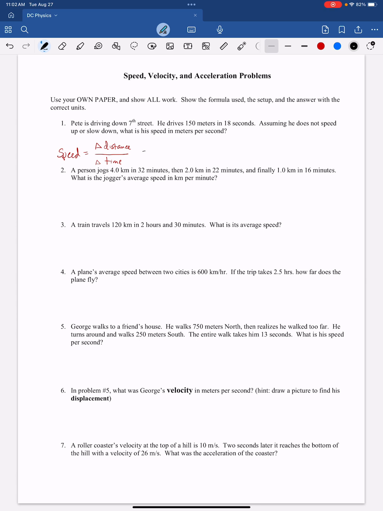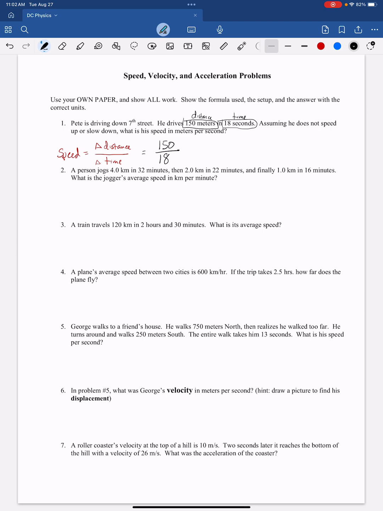If I plug my numbers in, it says that Pete drives 150 meters in 18 seconds. Well, 150 meters is a distance, and 18 seconds is most definitely a time. So if I plug those in, I'm going to wind up with 150 divided by 18, my total change in distance divided by time.